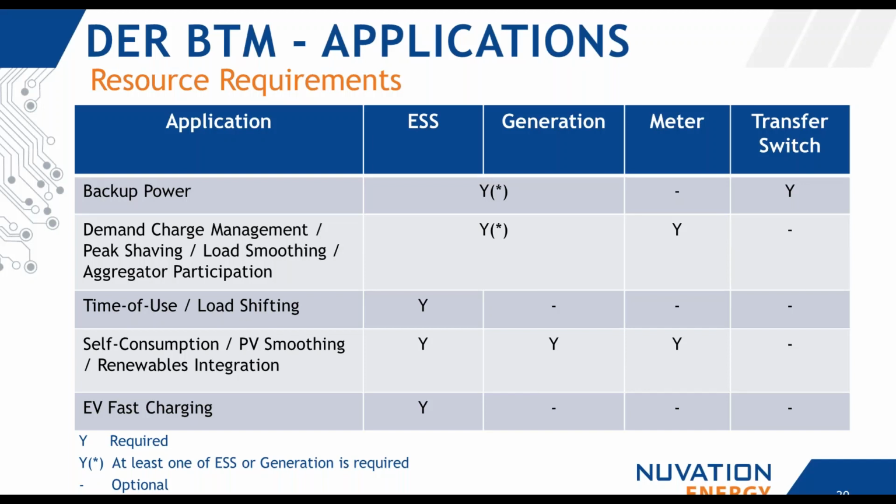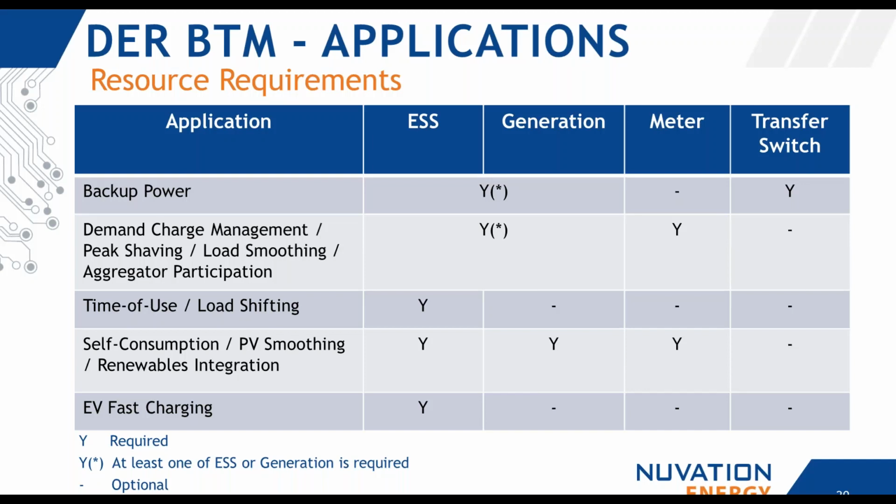So if you can use generation of energy or an energy storage system to feed some of that peak to lop it off, you can save yourself a lot of energy costs. The future solutions around aggregator participation would also fit in this line here. You need a controller that has access to meter information for what your site is using and what it's feeding back onto the grid.